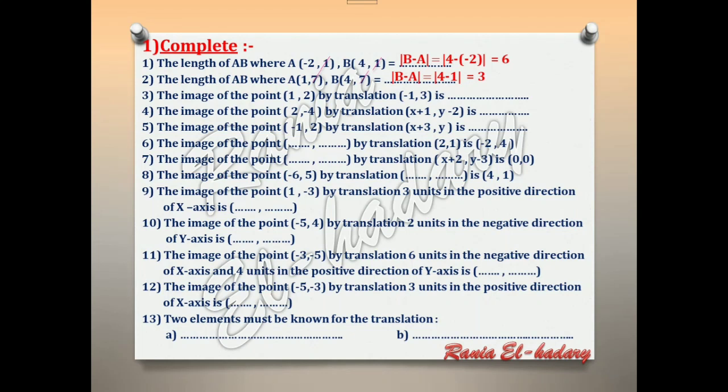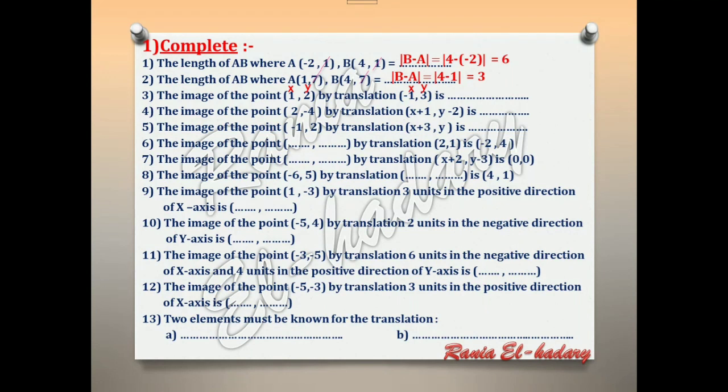Number 3: the image of the point (1, 2) by translation (-1, 3) is what? To find the image, add the translation to the point, X with X and Y with Y. We have 1 in the point and -1 in X in the translation, adding 1 plus -1, and 2 plus 3.